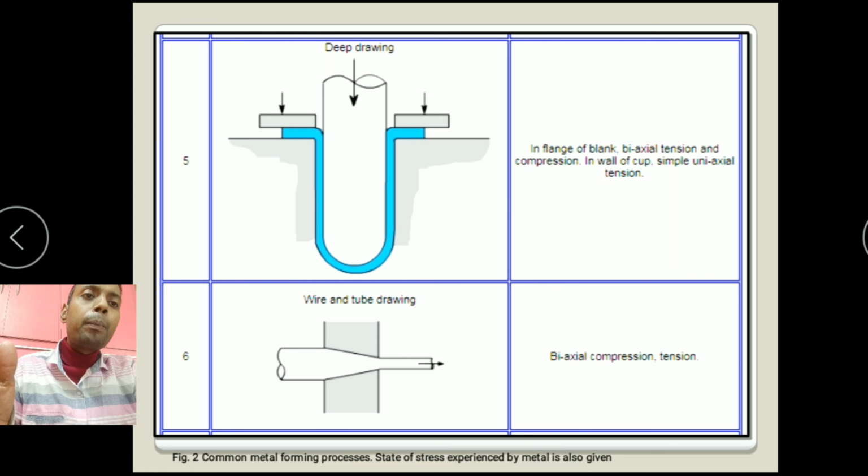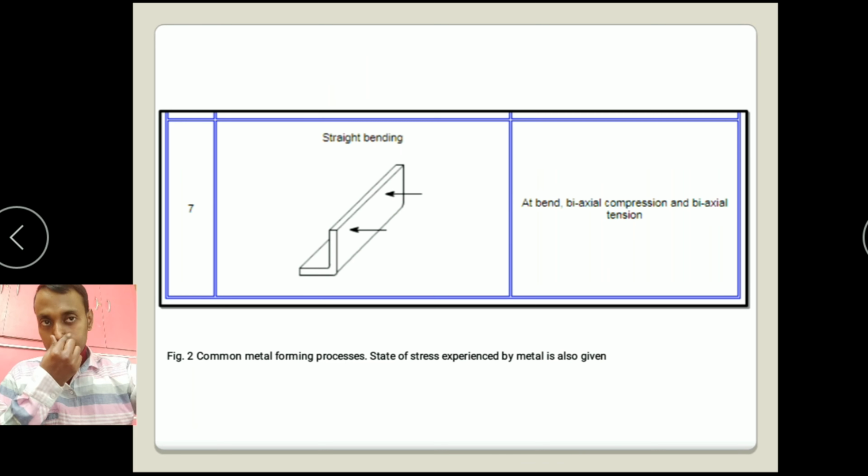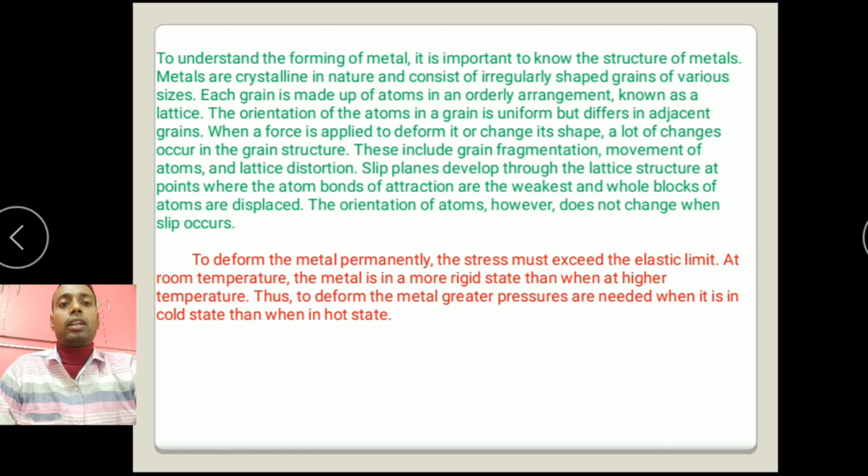In the wall of the cup, simple uniaxial tension. Wire or tube drawing, biaxial compression and tension. Straight bending, at the bend, biaxial compression and biaxial tension also. These are the common metal forming processes. The state of stresses experienced by the metal is also given by this picture.